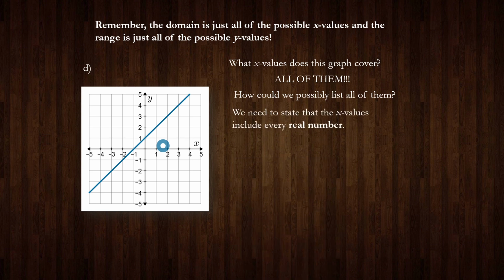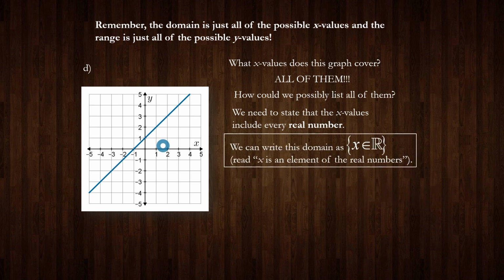What we really want to state is that the x values include every real number. We're talking about real numbers here. And in this particular course, the only types of numbers we'll be talking about are real numbers. They're all the numbers you've dealt with before. And the way we write that is like this. Again, we are talking about a list of numbers, so we need these squiggly brackets or braces here.